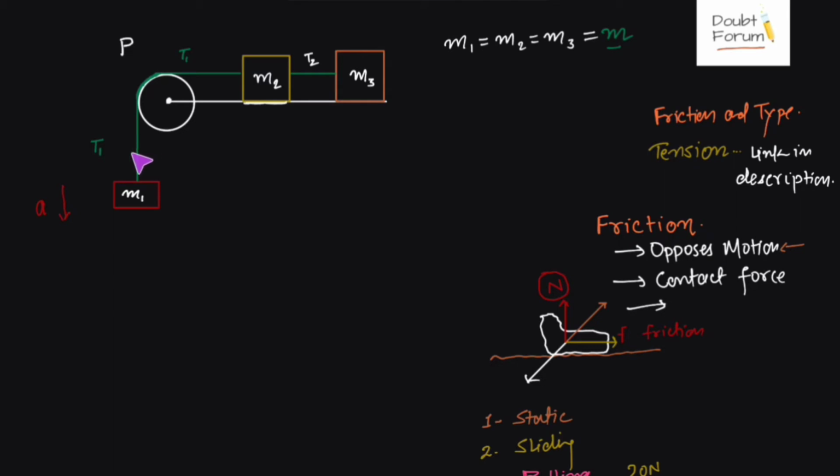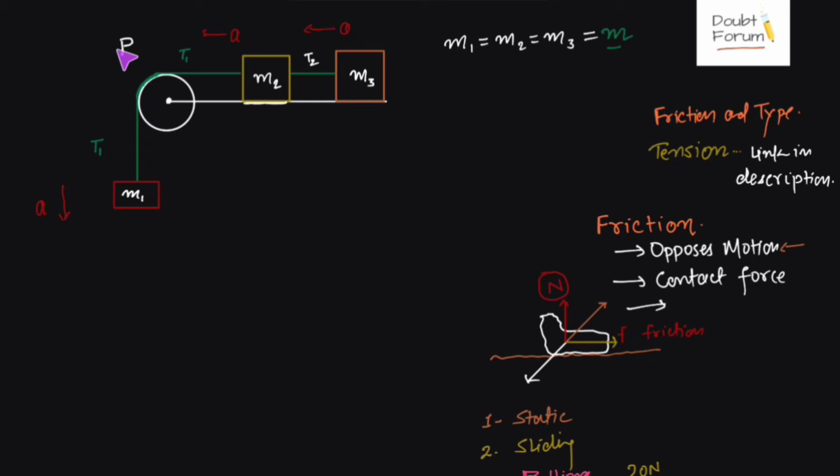So if A is the acceleration on this mass, A would be the acceleration on this mass as well, to this direction, and A would be the acceleration on this mass in this direction. So magnitude of acceleration would be the same for the string and for all the 3 blocks. The direction may be different. This acceleration is downward, this acceleration is to the left side.